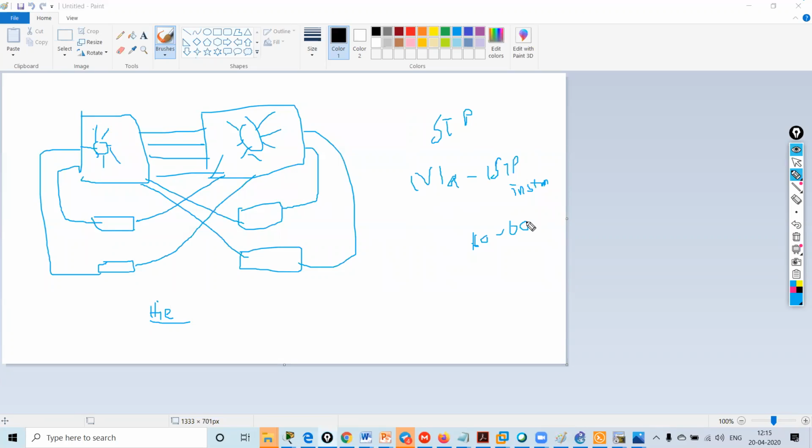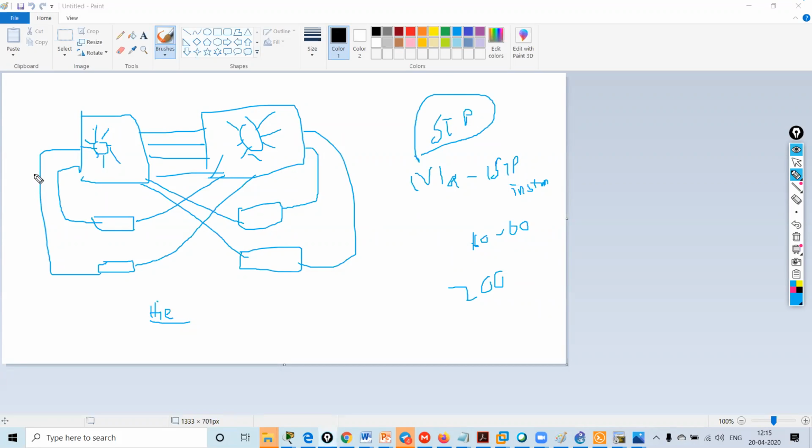Understood? So every VLAN runs a separate STP instance. Got it? So now what will happen? Suppose I have 200 VLANs in my network, and I'm running STP.